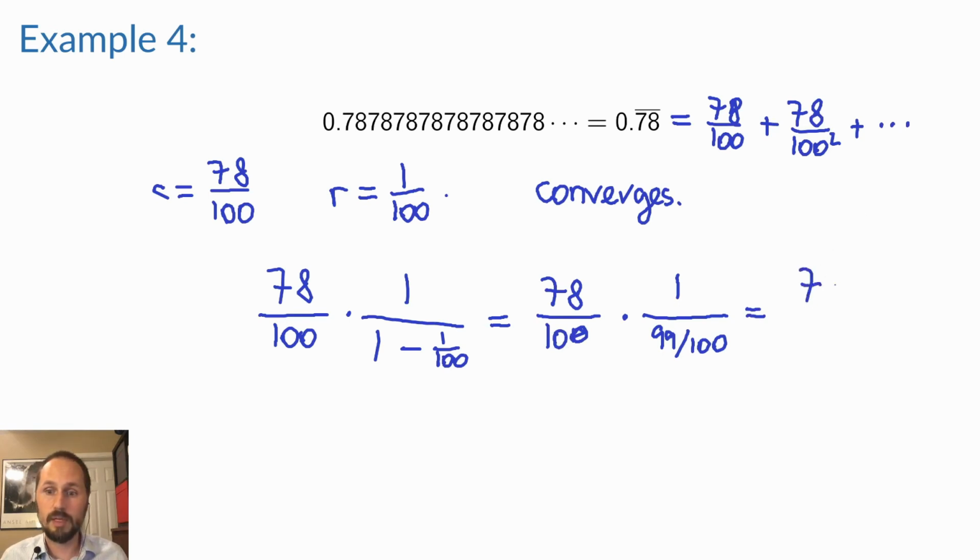This gives me 78 over 99. Right, so that's how we can turn a repeating decimal like this into a fraction. So that's another use of geometric series.